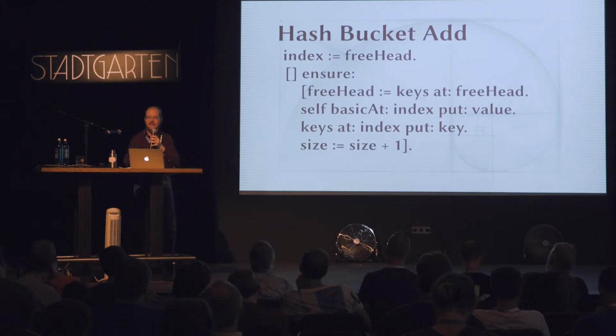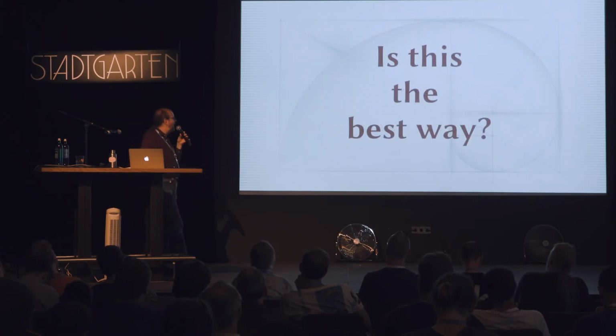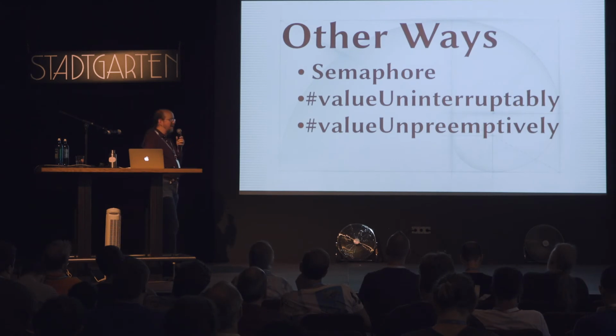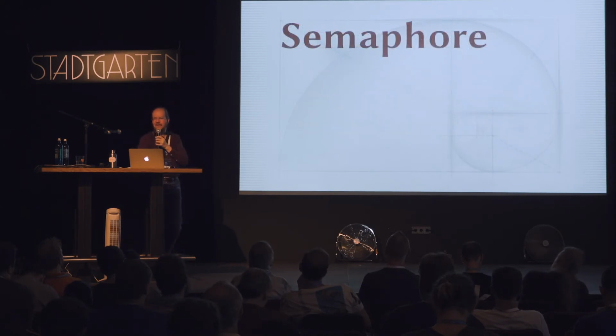Well, okay, there's got to be other ways of dealing with that, right? Is this really the best way? Well, there's semaphores. That's what we usually turn to. There's also a couple of messages that we might use. So, Semaphore, can it help us?